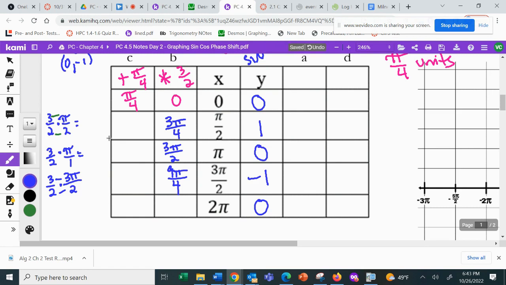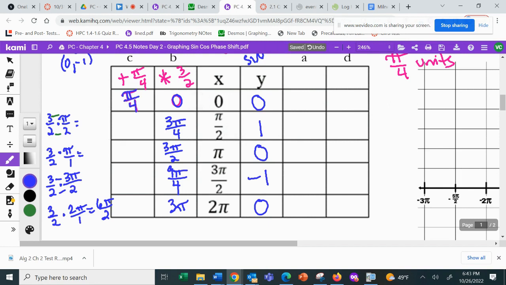And then finally, 2 pi over 1 times 3 pi over 2. That gives me 6 pi over 2, which reduces to 3 pi. So that is my times by 3/2 column.